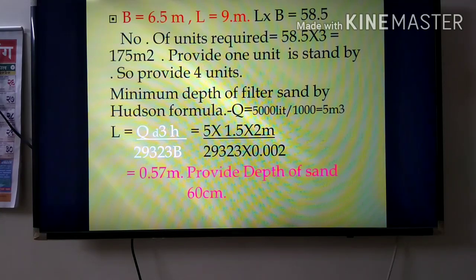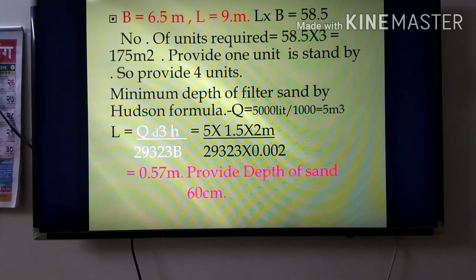Therefore, capital L is equal to capital Q into small d cube into H divided by 293 into 23 into B, capital B. Therefore, L is equal to 5, that is capital Q, small d is 1.5 raised to 3, that is 1.5 cube, multiplied by 2 meter, that is small h, divided by 29323 into 0.002. 0.002 is capital B. Therefore, capital L is equal to 0.57 meter.